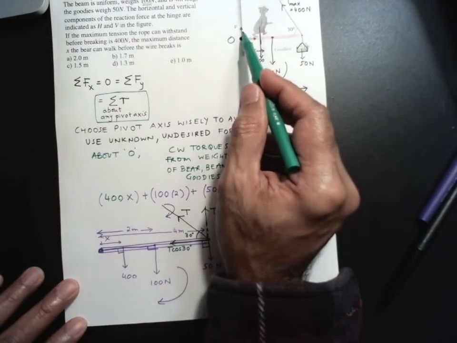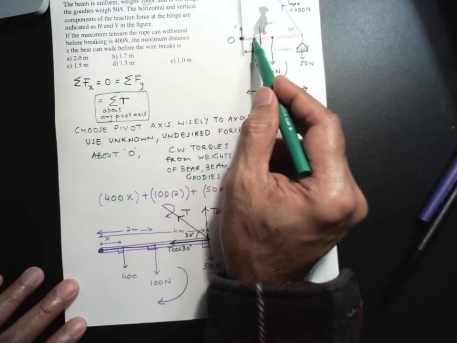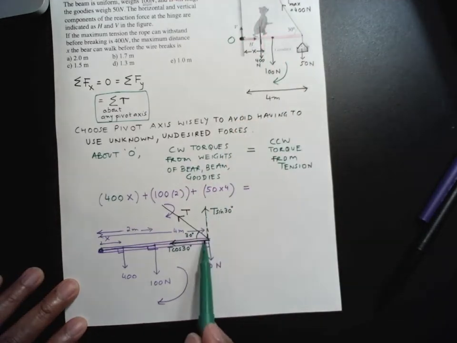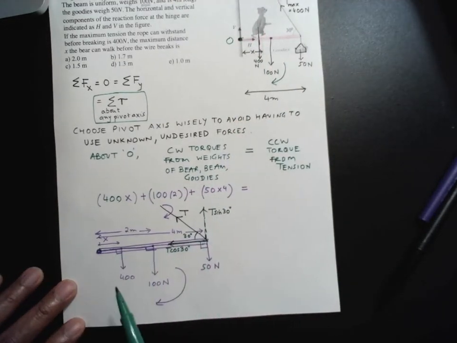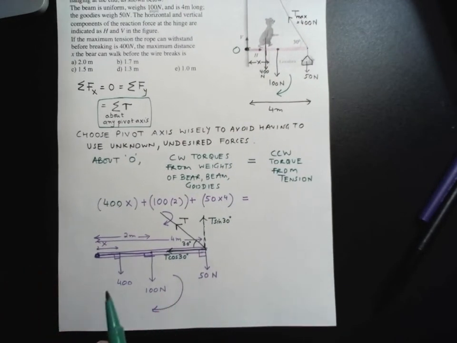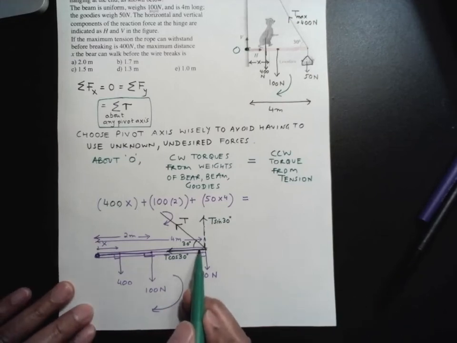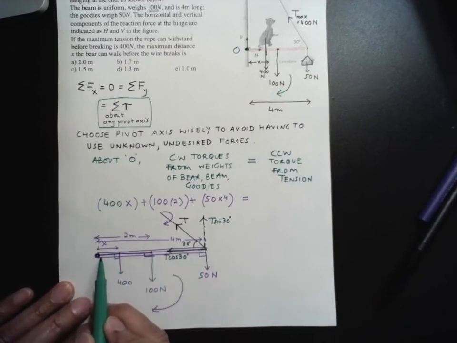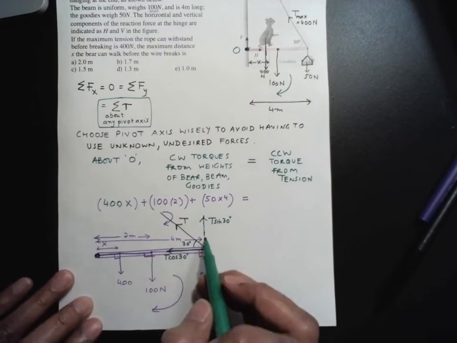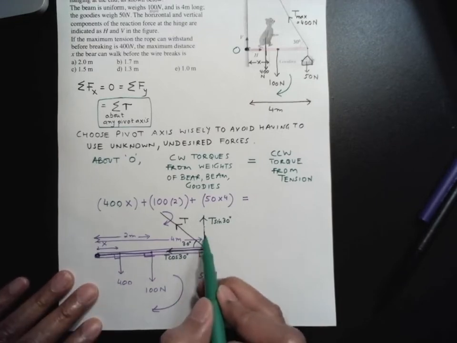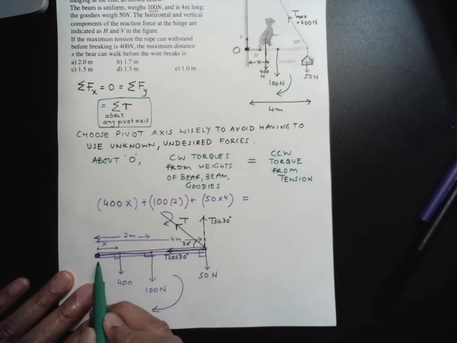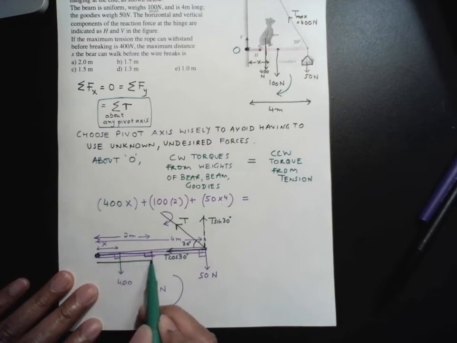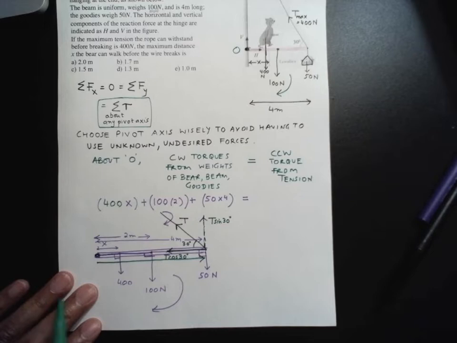It's just like the V force and the H force, which pass through the pivot axis. There is no R when you look for R cross F to compute the torque. It just passes right through it. On the other hand, the T sine 30 does have an R. This is the R for the T sine 30, right there, and that's 4 meters.